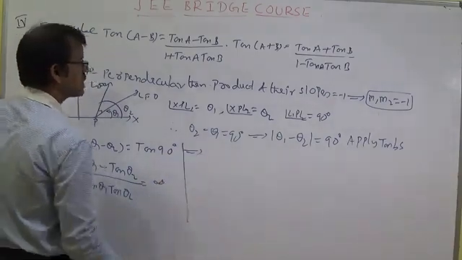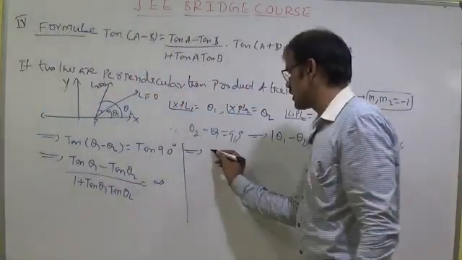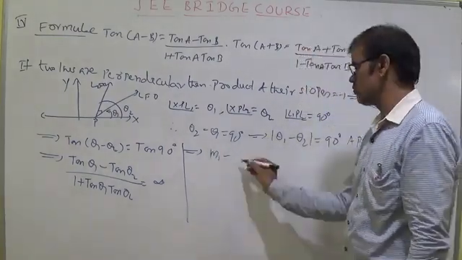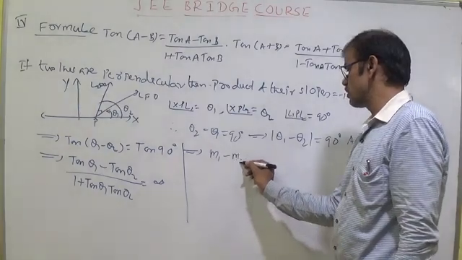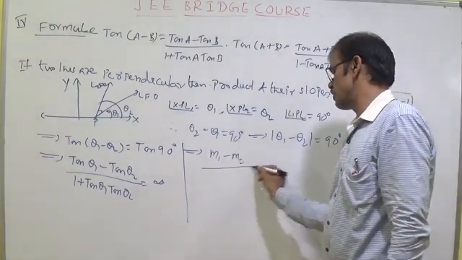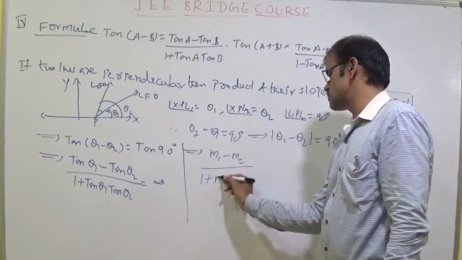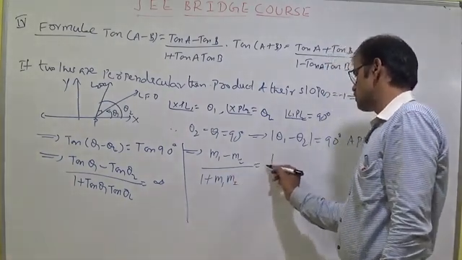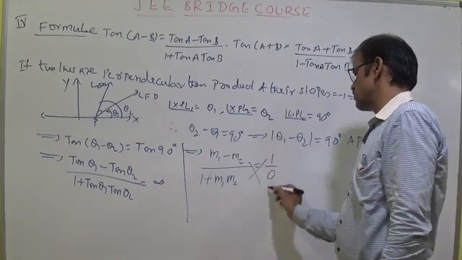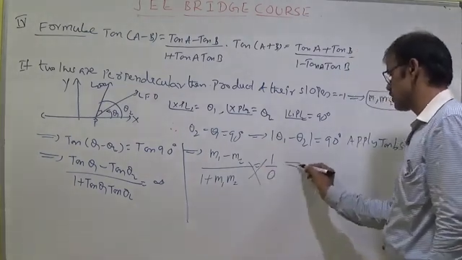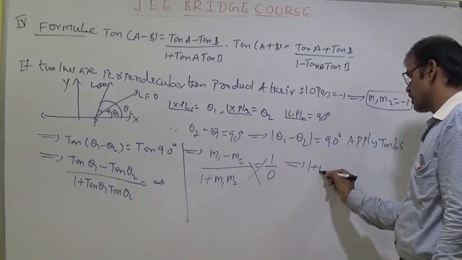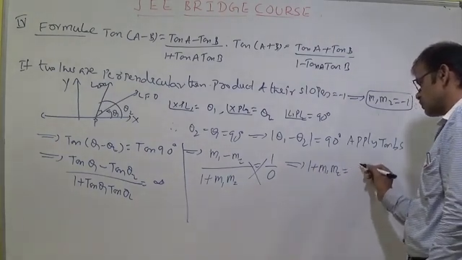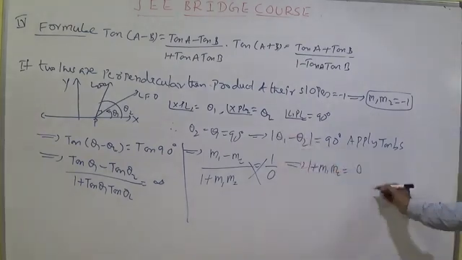We are mentioning tan theta with m. So tan θ1 is m1 and this is m2, by 1 plus m1 into m2. That is equal to infinity, which can be written as 1 by 0. Take cross multiplication, it becomes 1 plus m1 m2 is equal to 0.